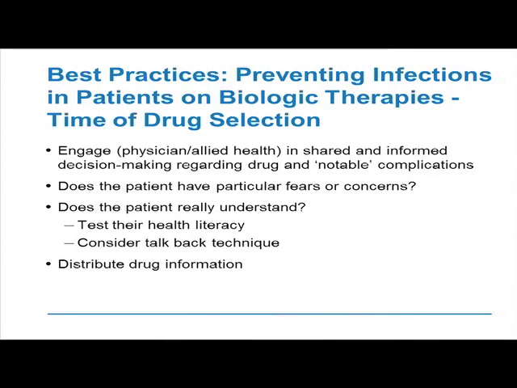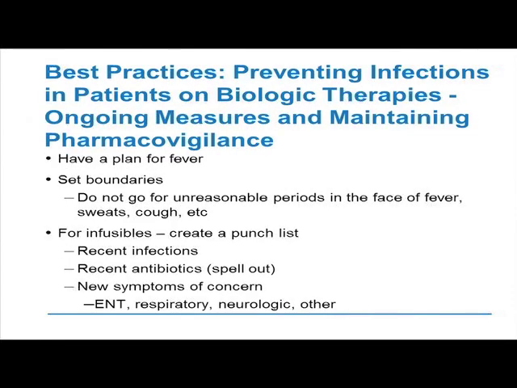Tell me what I just told you. What is your understanding of the risks of these agents? And give the attendant drug information, which comes with every single biologic, whether it's in the box or the infusible. This is important risk mitigation and instructional data.